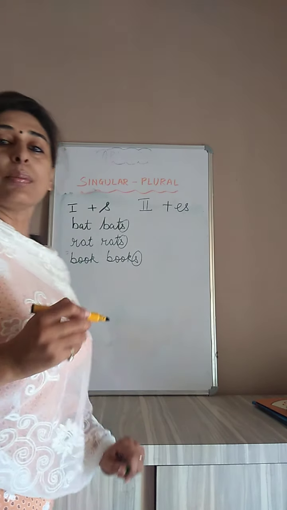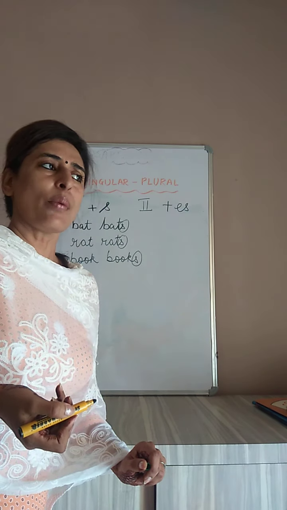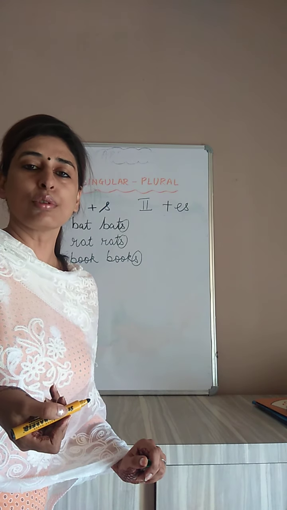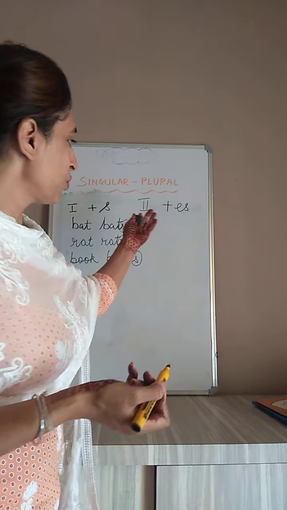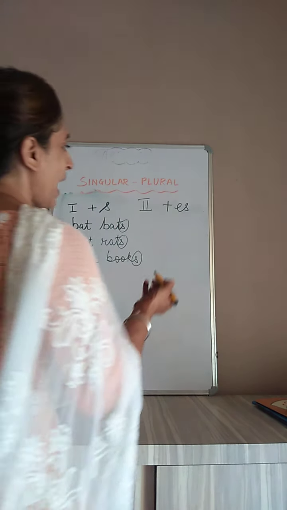Now the second rule is to add es. We cannot make the plural form of every word by just adding s. There are various rules which we have to learn. So the second rule is to add es. Now where do we add es?